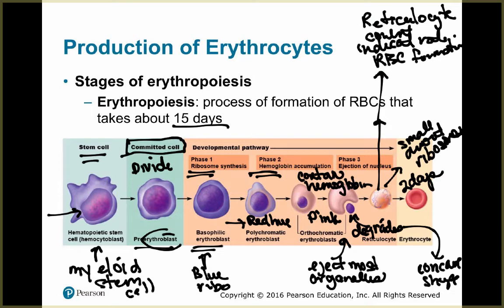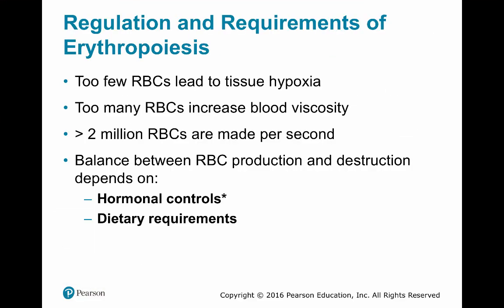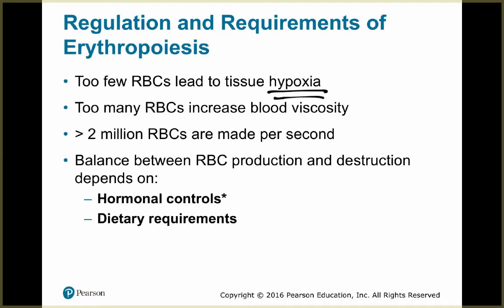Now, how do we regulate, and what are some of the requirements for red blood cell production? If your tissue becomes hypoxic, which means there's a reduction in the amount of O2 that's there.